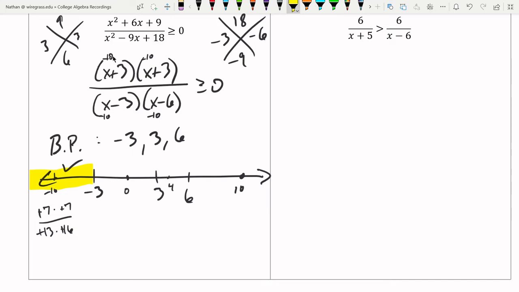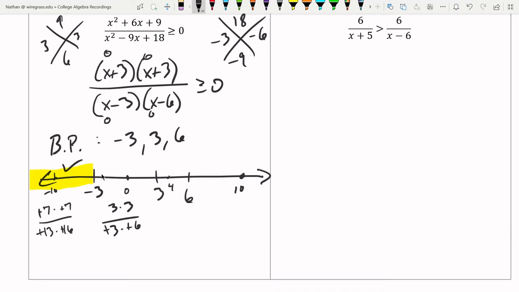Let's test 0. So plug in 0 into there. We're going to get 3 times 3 on the top, then negative 3 times negative 6 on the bottom. Two negatives cancel. We get a positive value here. It doesn't matter what number it is.